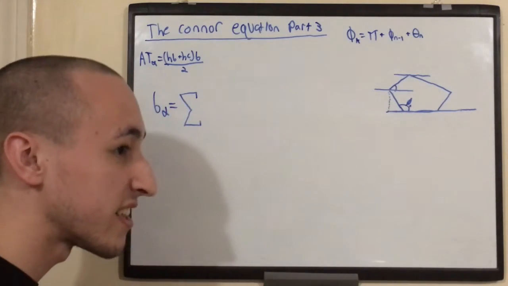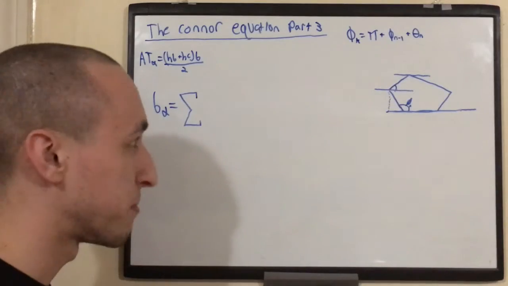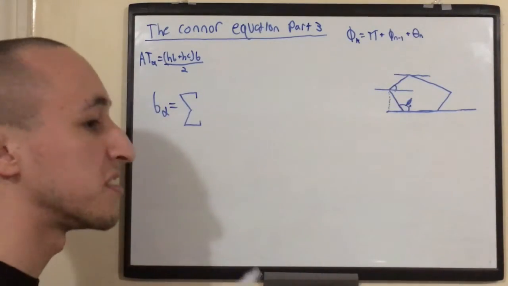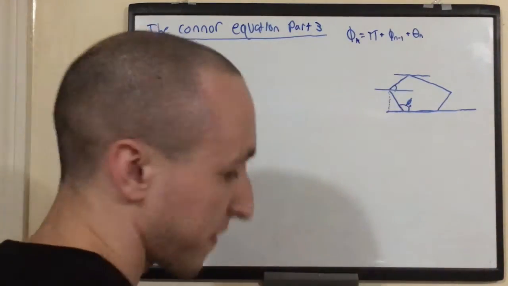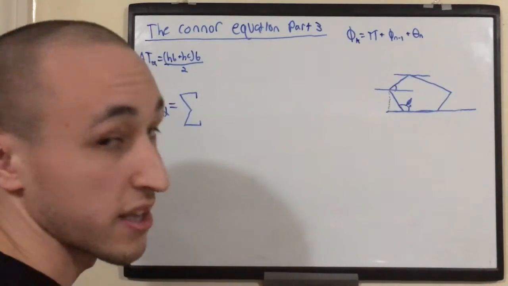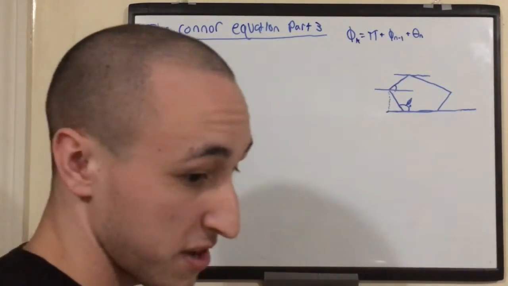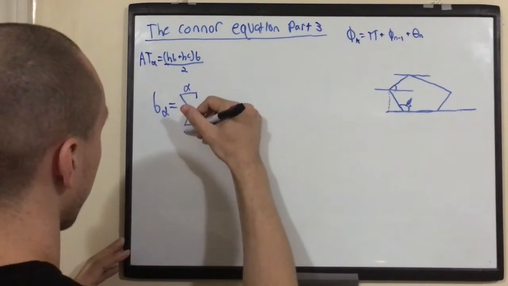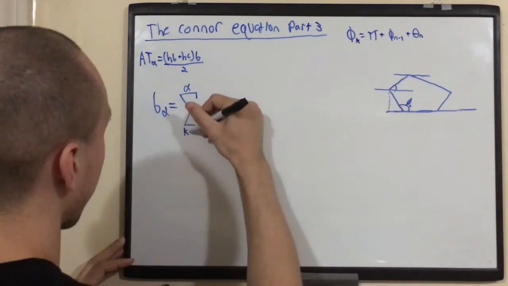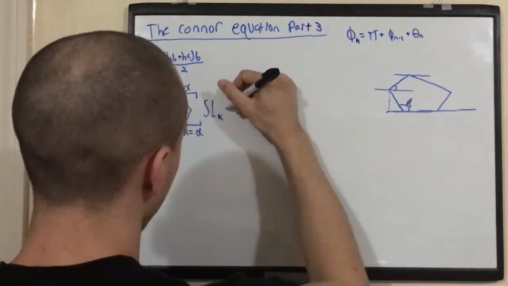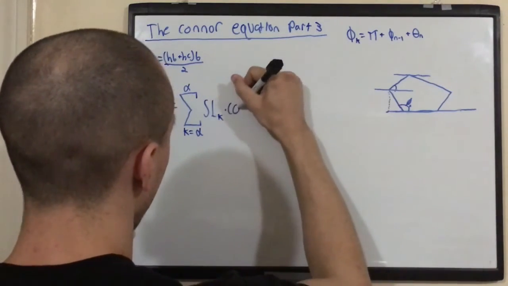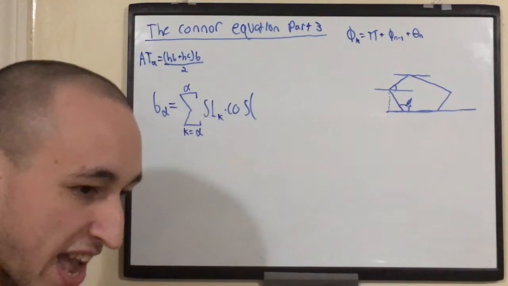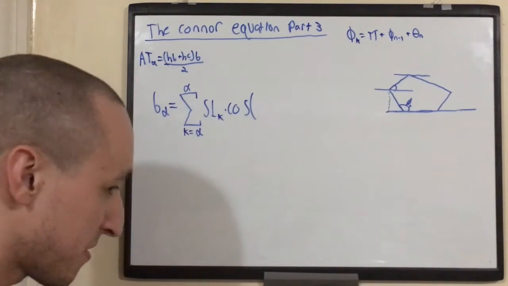So they need that alpha to K transformation. To be consistent and make everything work, we have to do the same thing here. We're going to start with alpha on the top, and we're going to say K equals alpha, SL K times the cosine.